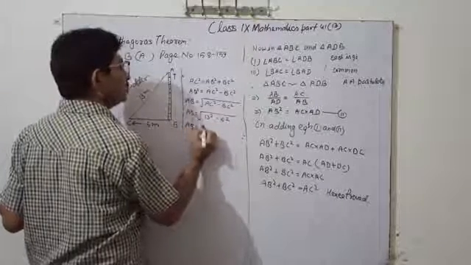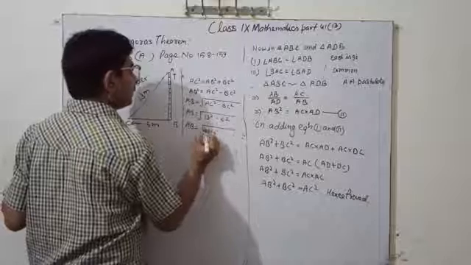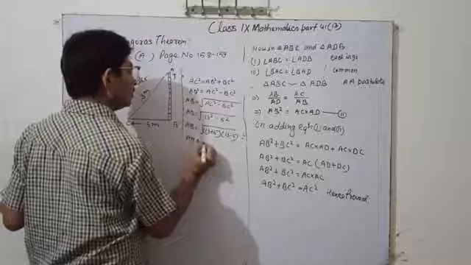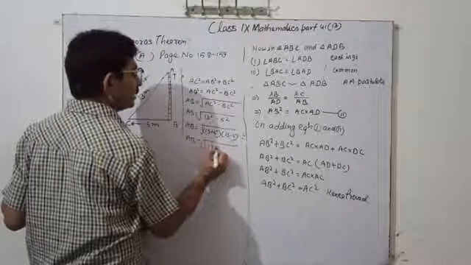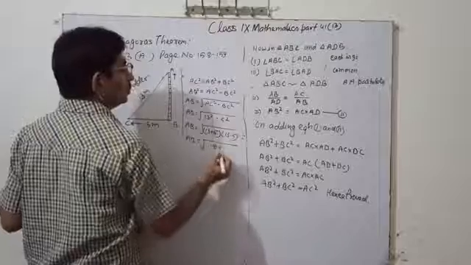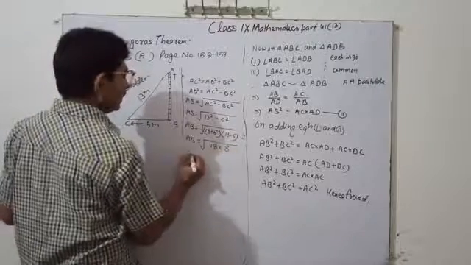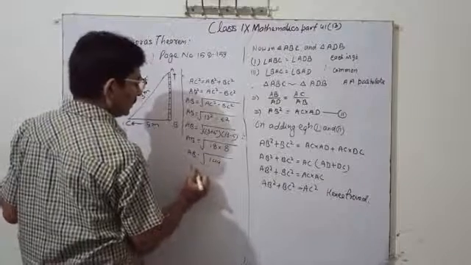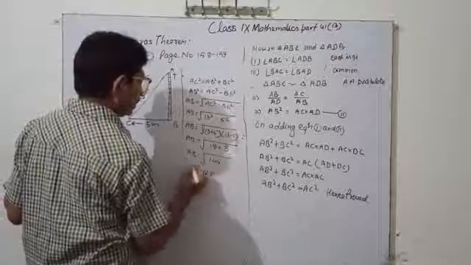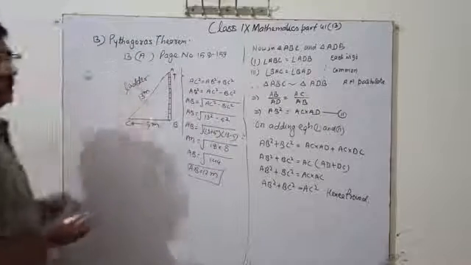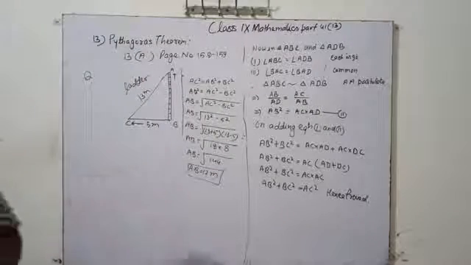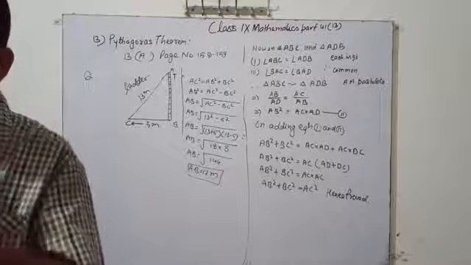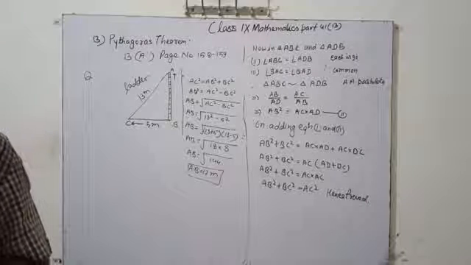AB equal to root of 13 plus 5 into 13 minus 5, AB equal to root 18 into 8, AB equal to root 144, AB equal to 12 meter. Means here the answer is 12 meter, the distance of the other end of the ladder from the ground.